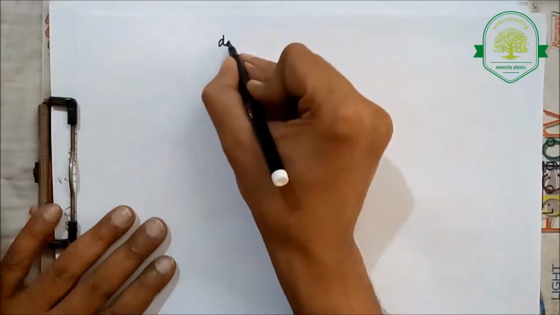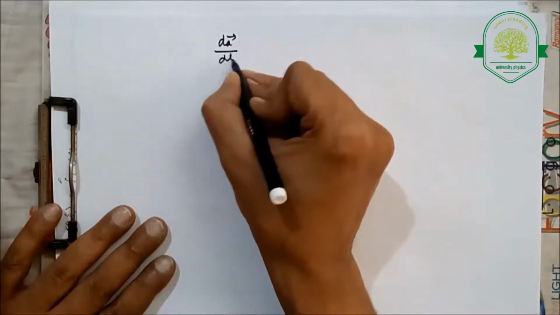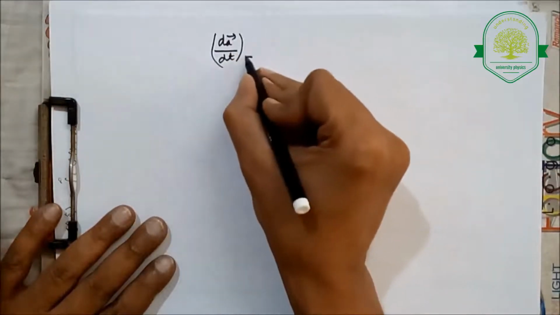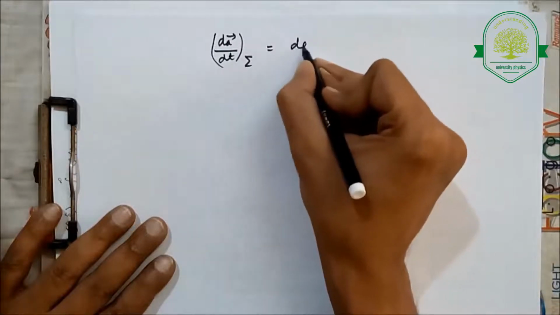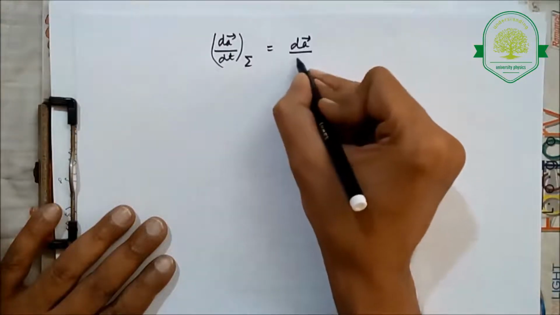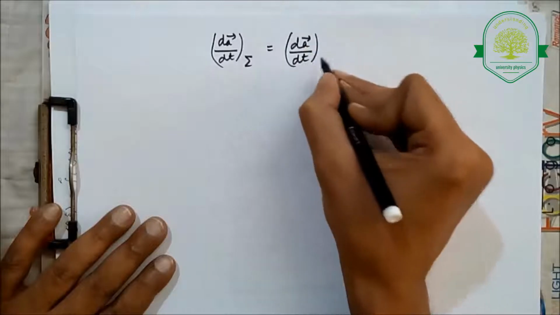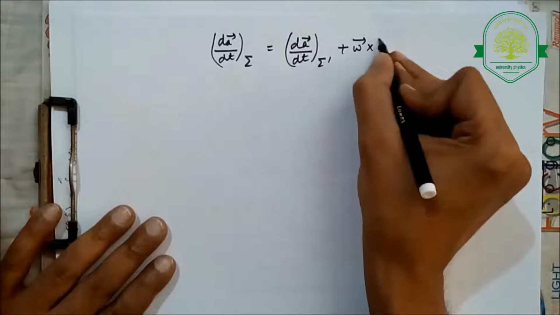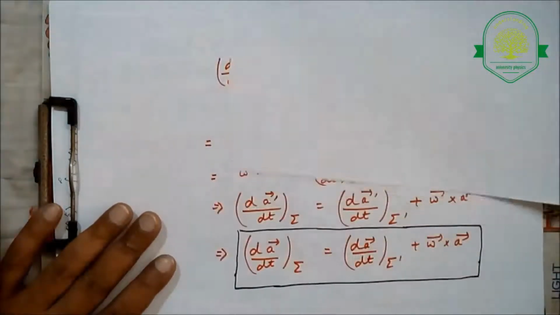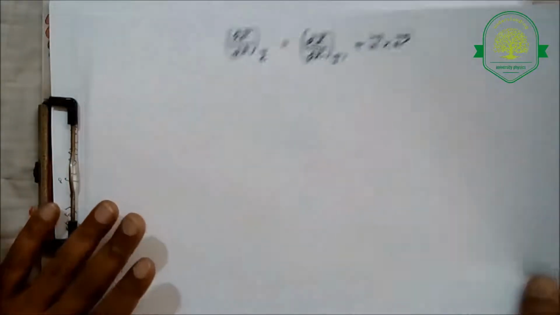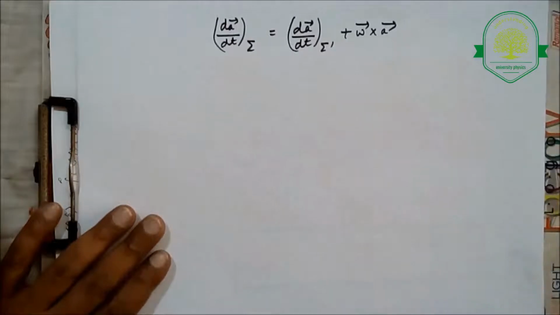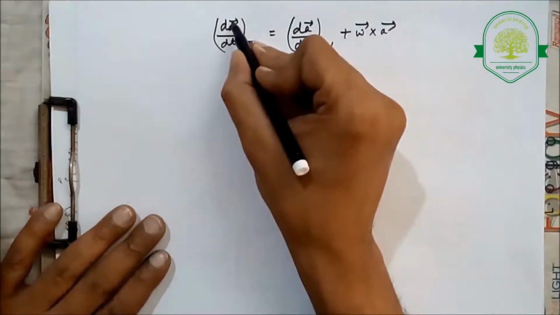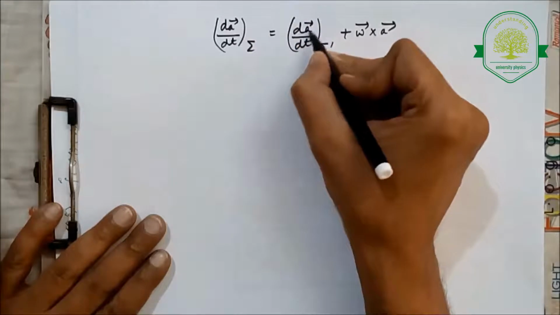So we now have dA over dt in sigma equals dA over dt as seen from sigma primed plus omega cross A. Now let me substitute V prime in place of the A vectors.